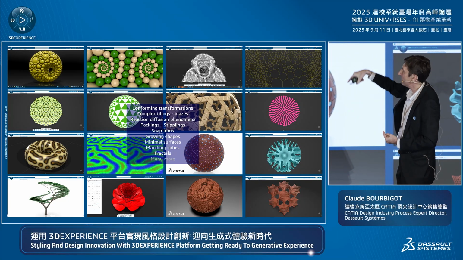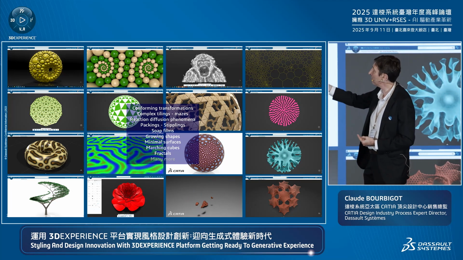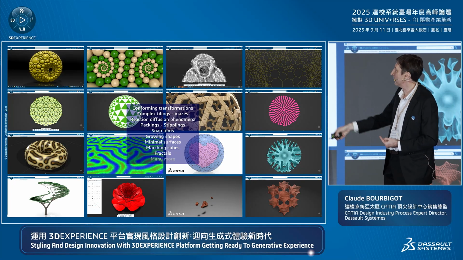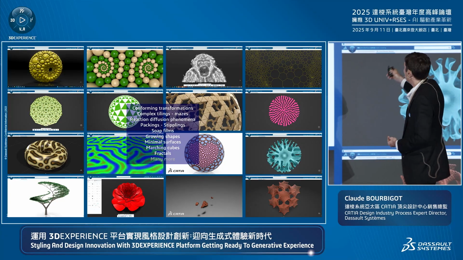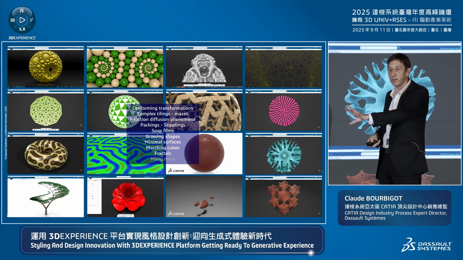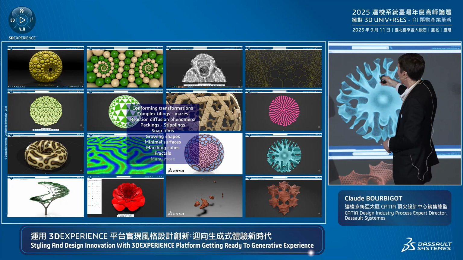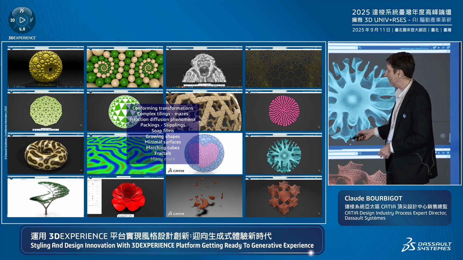So I put some themes here, like conforming transformation, complex stylings, reaction diffusion phenomena on a donut. Then this one is quite interesting. It's a soap film. I was seeing some soap foams, but I did some soap films, some coral growth, some organic shapes. It's not so difficult.